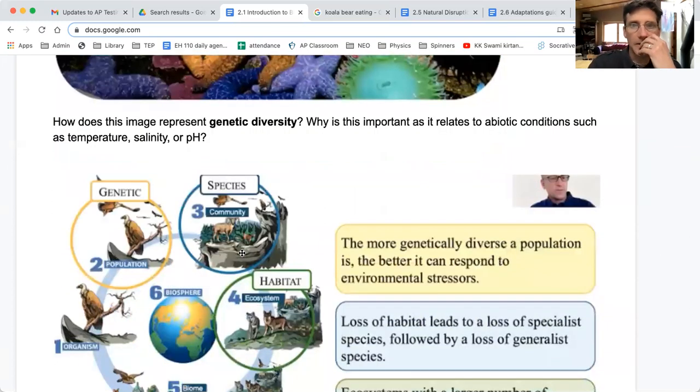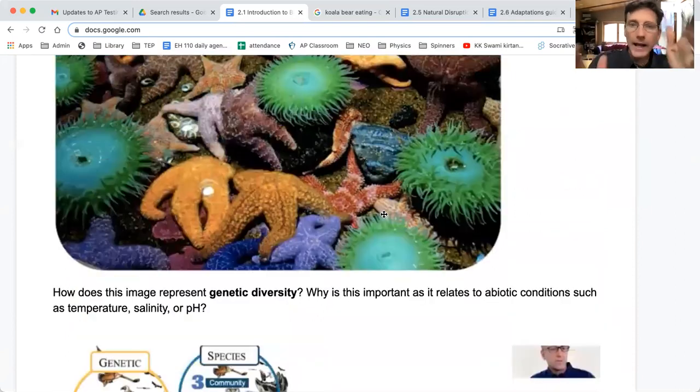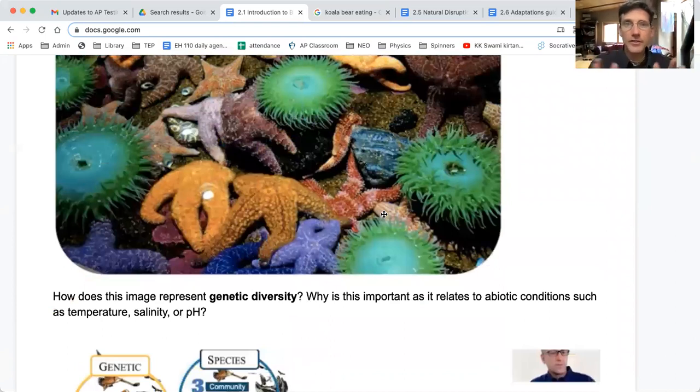Okay, now, relating to abiotic conditions, as conditions change, species have to be able to adapt to those changing conditions. And the way that some habitats can change is they can become warmer, they can become saltier, they can become more acidic or more basic.